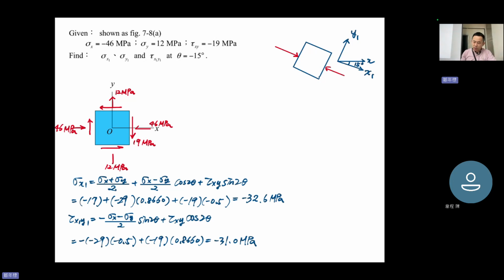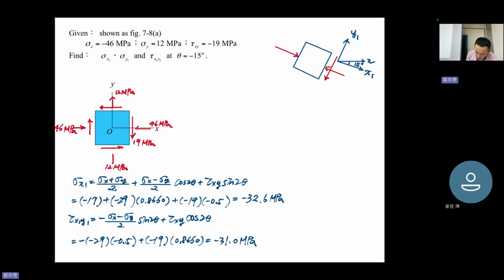Okay, where's tau x1 y1? You see, we are focusing on positive x1 direction, and now we are going to have negative shear, so it must go through minus y1 direction. All right, so here is not minus. All right, so sorry, I forgot to write the sigma x.